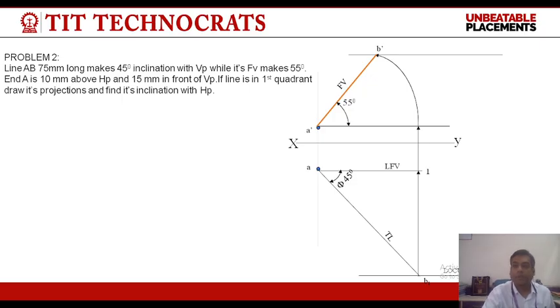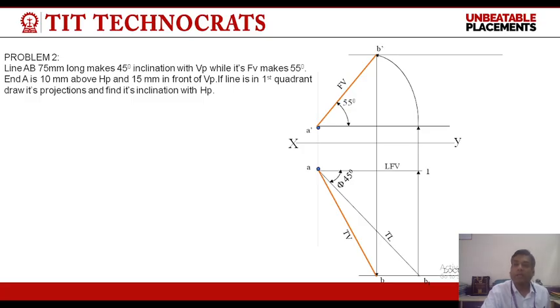Now, from point B dash, we will draw a projector to cut the locus of top view at a point B, and this is the final point B in top view. By joining point A to point B, we will get the final top view, and the angle of inclination of the final top view is beta.